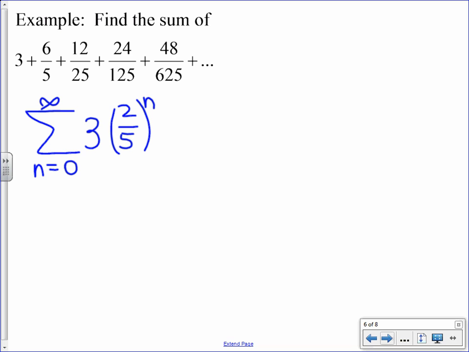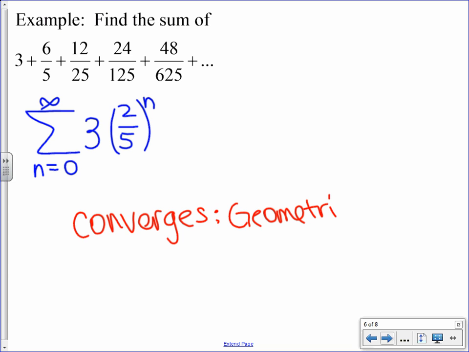So first of all, we know that it converges. Why? It's a geometric series where the absolute value of R is less than 1. Can we determine what it converges to?